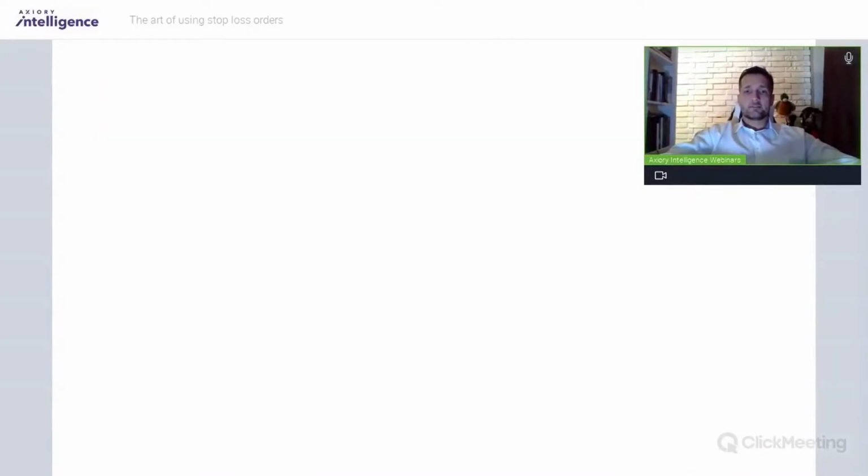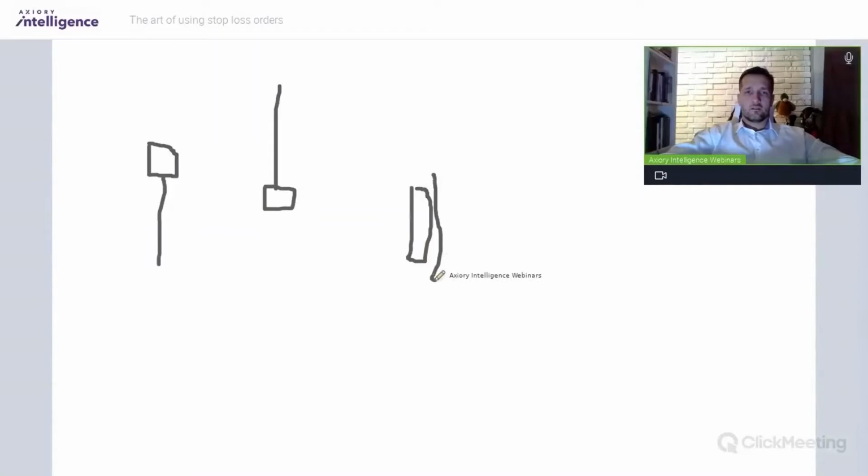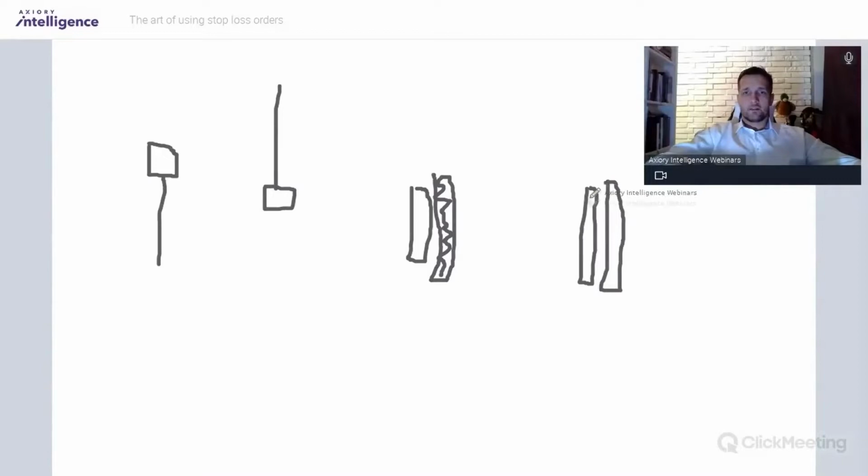Let's do candles. You remember candles: hammer, shooting star, bearish engulfing, bullish engulfing, and Marubozu.